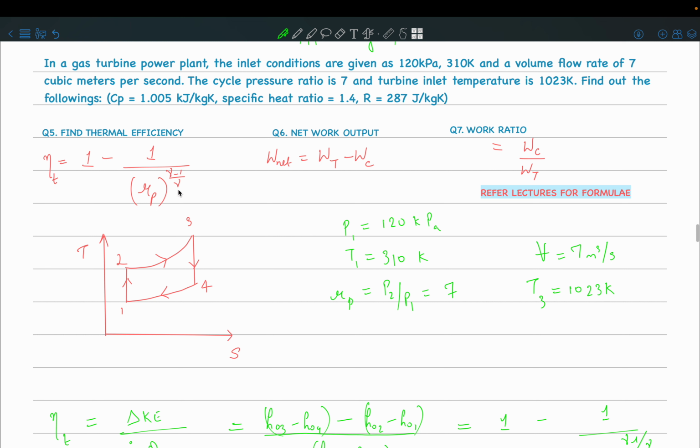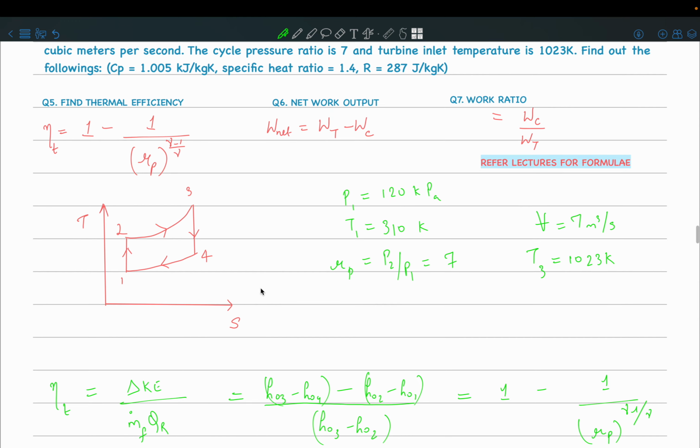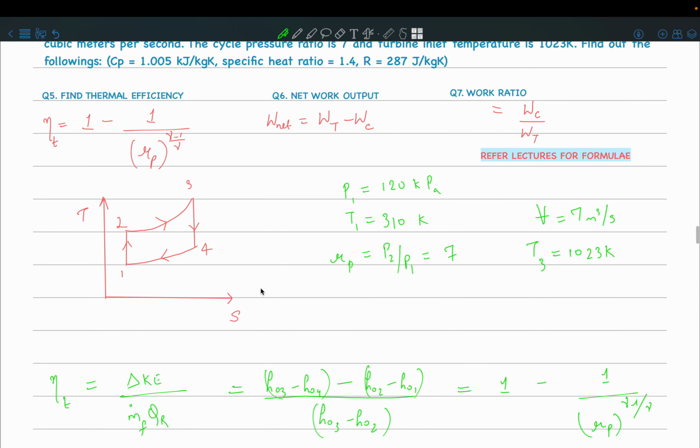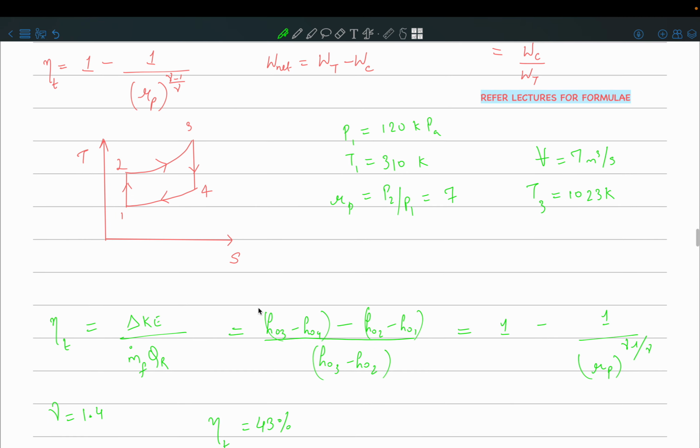Can we use this in this particular question? Can we use this formula? Think and tell me. Can we use it, or if we can, why can we use this? How was the derivation done? If we cannot, why we cannot use it?